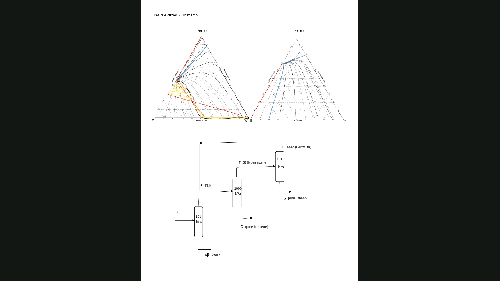What you have to do at this stage is recognize that this stream is a binary stream. Because it's binary, it's got benzene and it's got ethanol in it. There must be two places where those two components can come out.